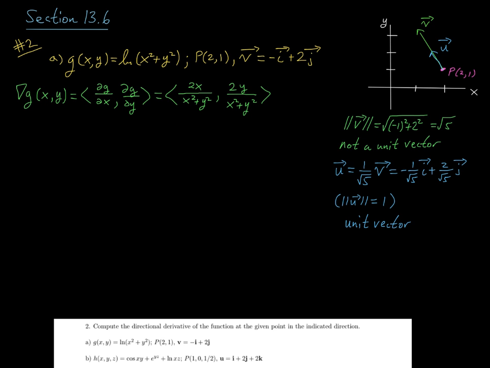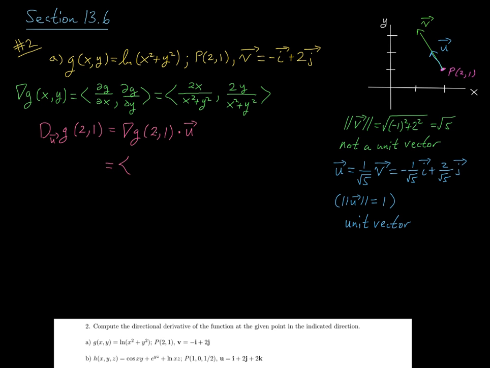So now let's compute this directional derivative. The derivative of our function g at the point 2, 1 in the direction of v, which is the same as the direction of the unit vector u, is going to be the gradient of g evaluated at the point 2, 1 dotted with this unit vector u.